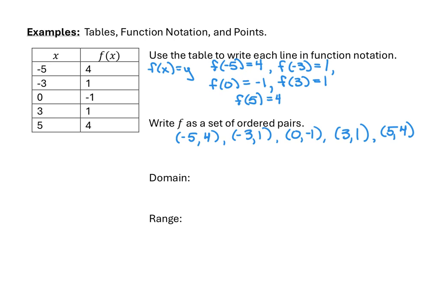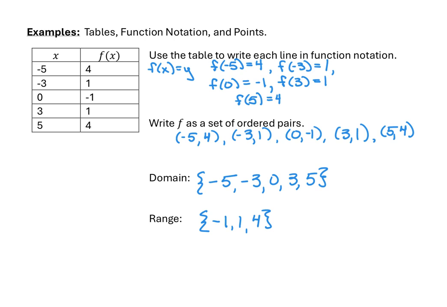All right, we want to list our domain and our range. So our domain is the x values. And because we have a list of points, we're just going to put them inside the squiggly brackets with commas separating them. For our range, it does not matter what order this is, but I have -1, 1, 4.